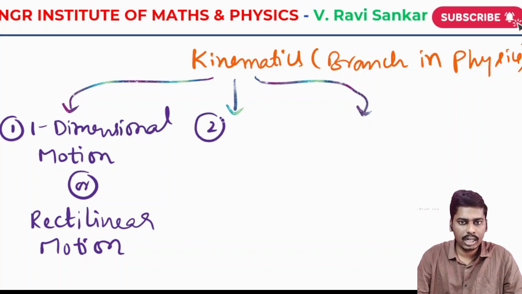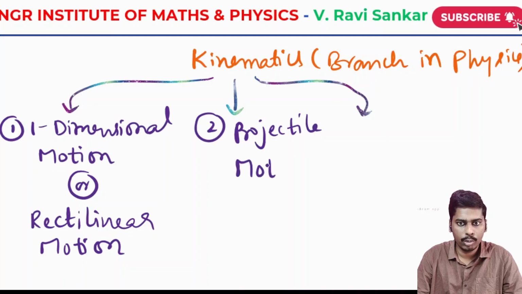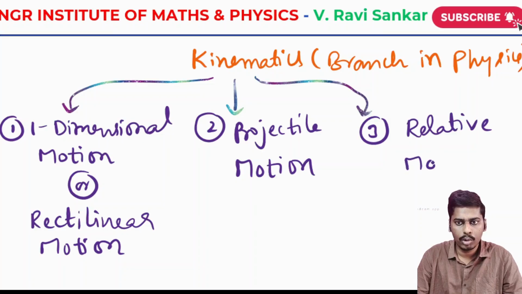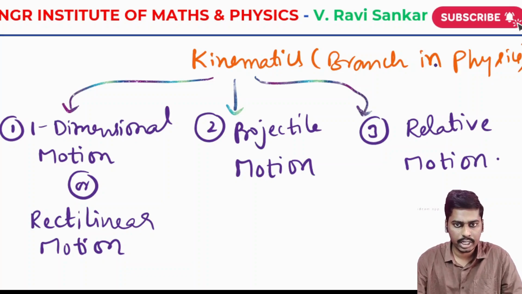And the second chapter is projectile motion. And the third chapter we are going to study is relative motion. These are the three chapters that we want to study in the upcoming days.